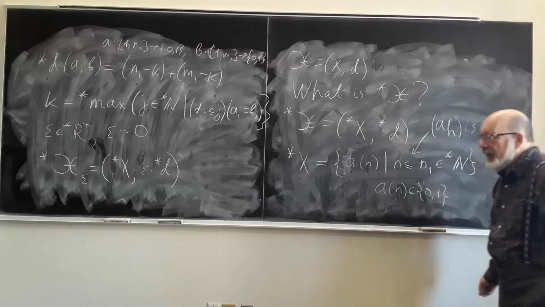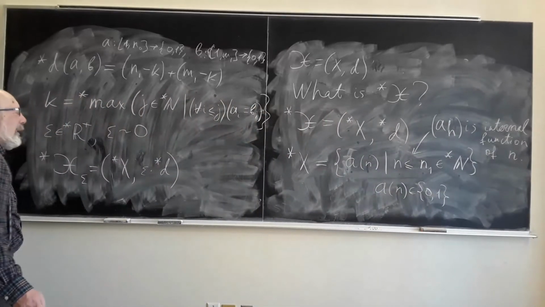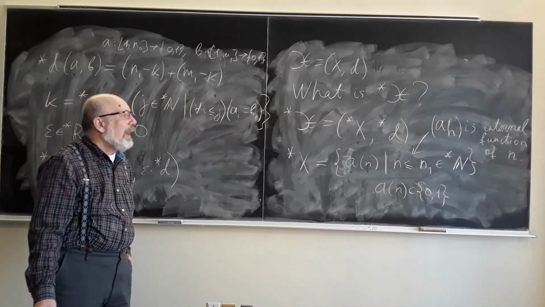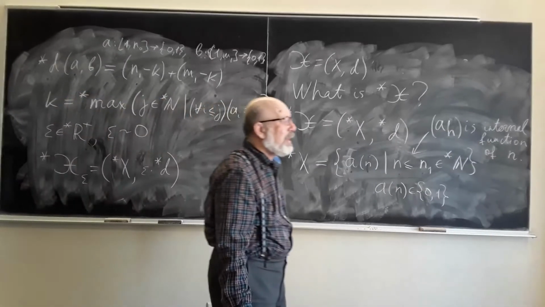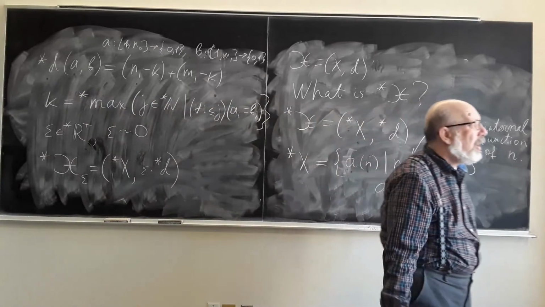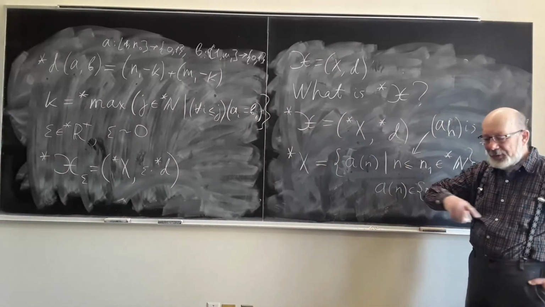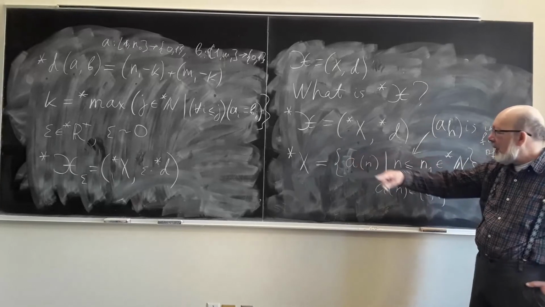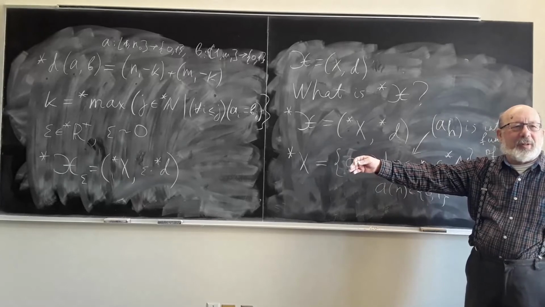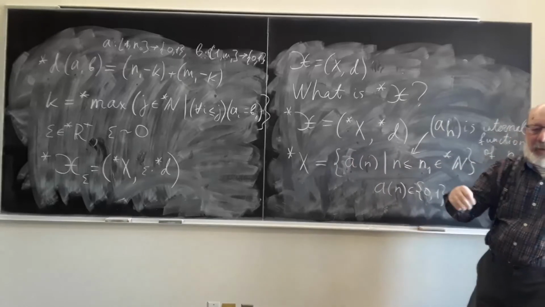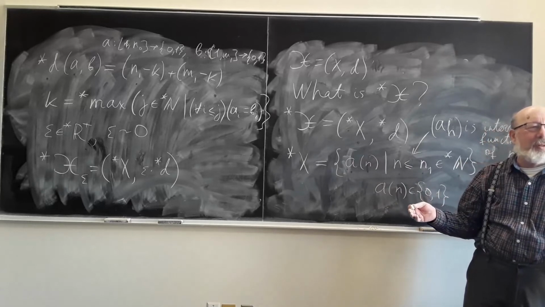So this construction gives us an internal function, and a great thing is that not all functions on the set star n, or segments or infinite segments of the set star n, with values 0, 1 are internal. There are also external functions.